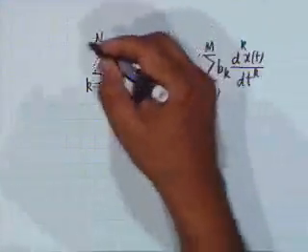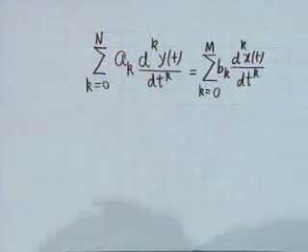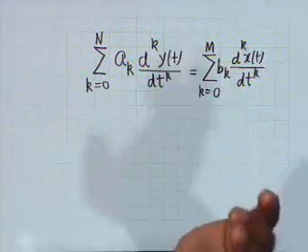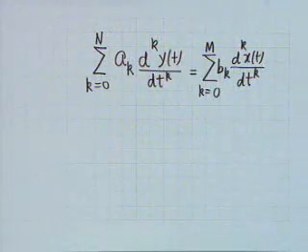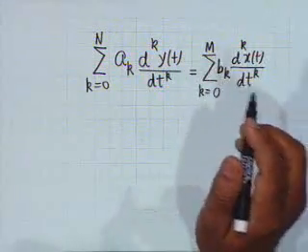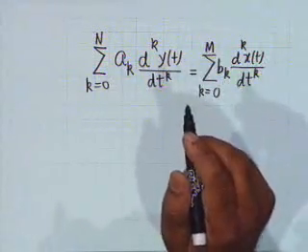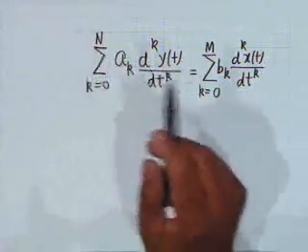It is not necessarily equal to capital N, some value capital M. Capital M can be greater than, equal to, or less than capital N. However, the order of the system is determined by capital N.